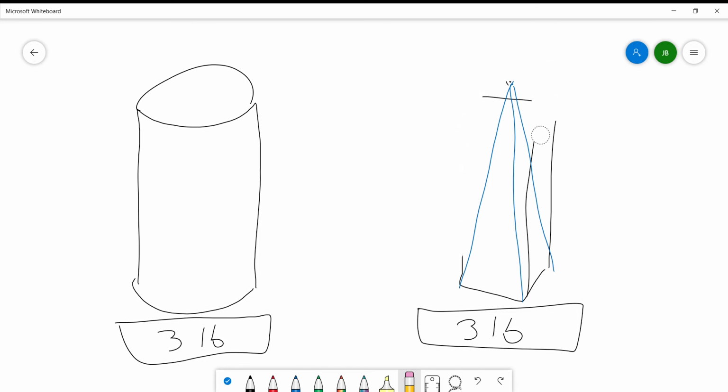Now, I want you to make a guess. You might already know the answer to this. How much? So the four sides of the base are still intact. The vertex is right at the top where it always was. So you have a perfect pyramid with a square base.